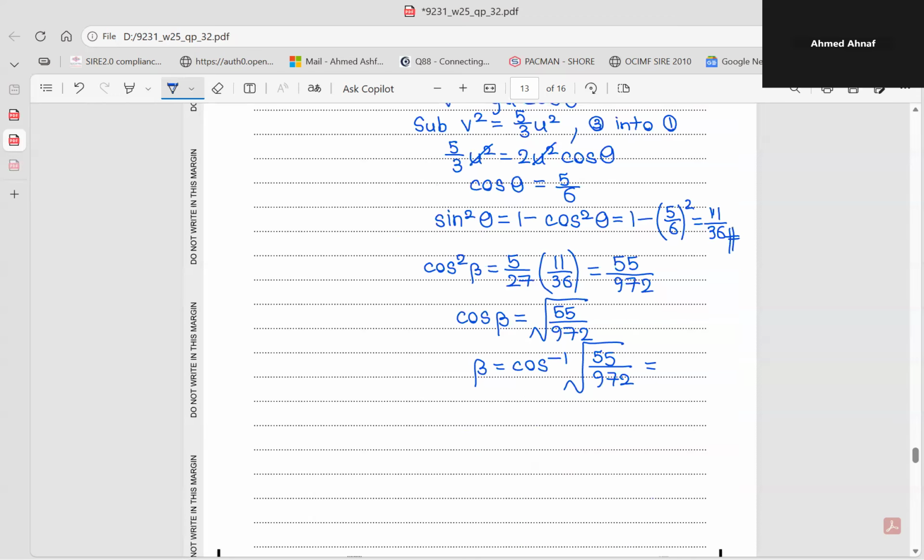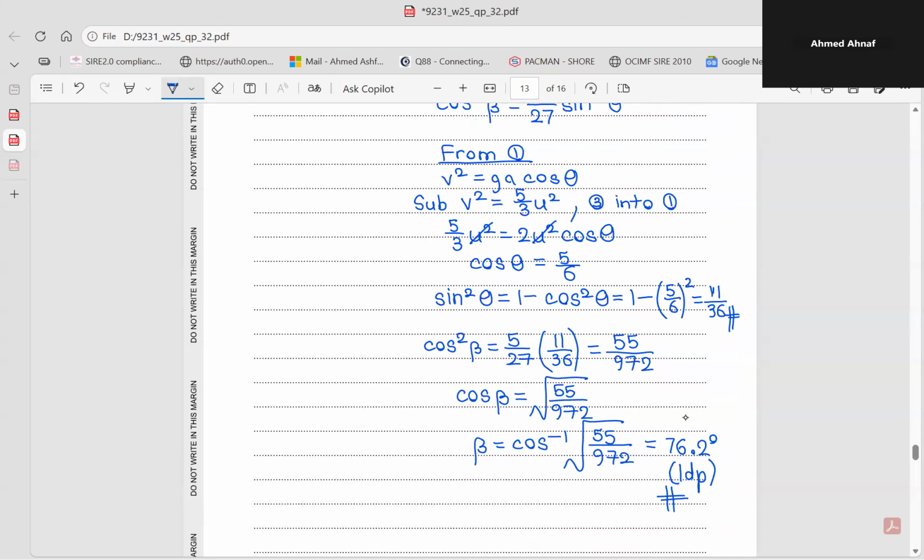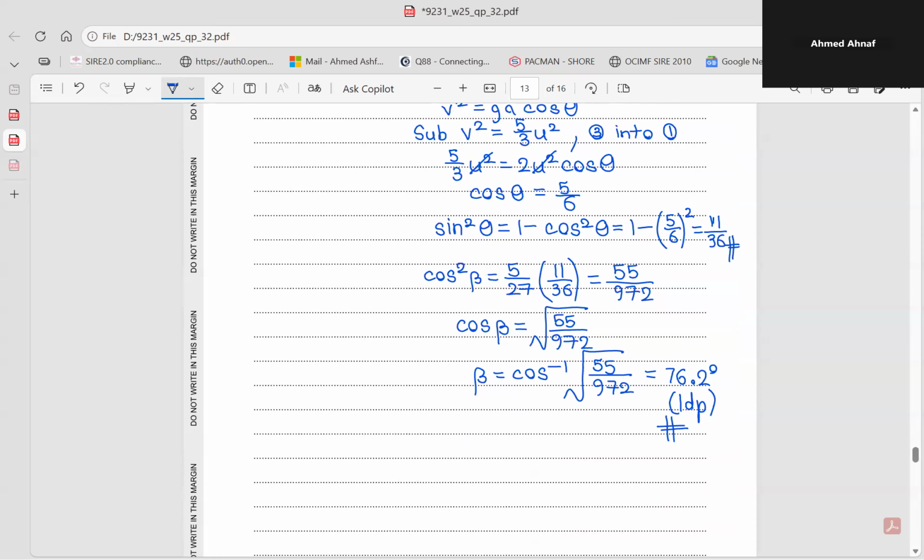They didn't really specify, but in the context of further mechanics, it's better if you set it to degrees. So the final answer we get in degrees is 76.2 degrees to one decimal place. So this would be our final answer for this entire question.